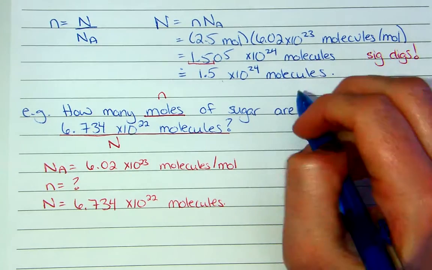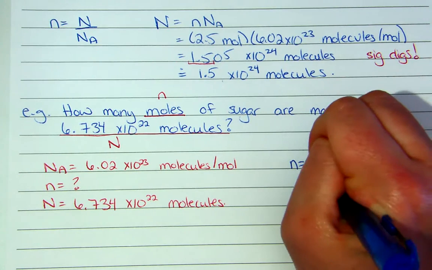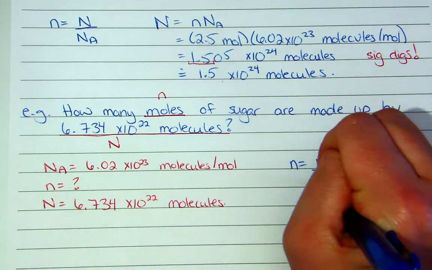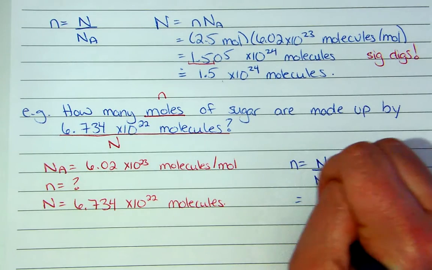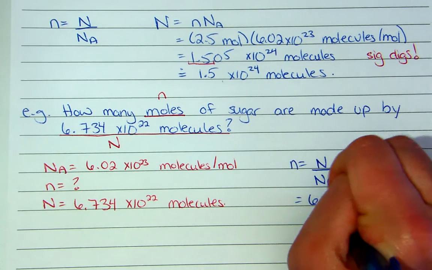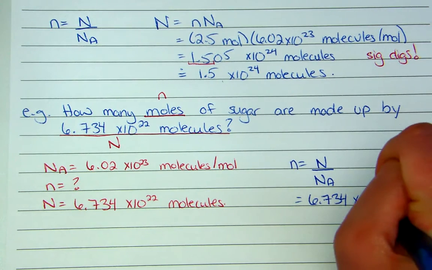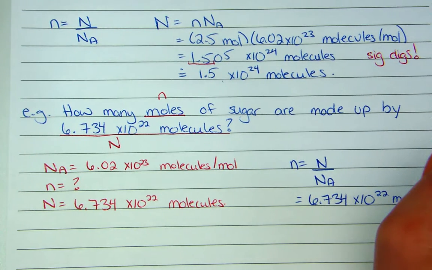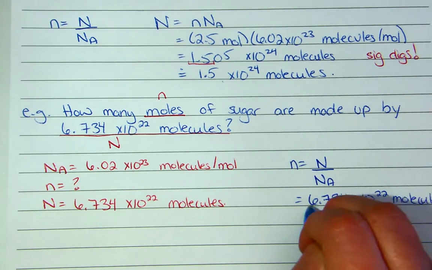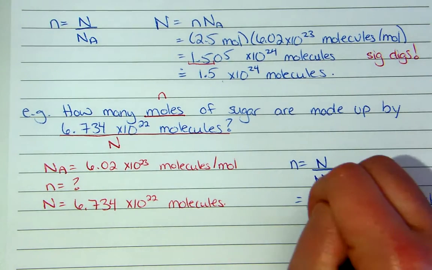Okay, I can keep with my original form of the equation here, lowercase n equals uppercase N over Avogadro's number. And I'm just going to sub in. Divide that number of molecules by Avogadro's number.